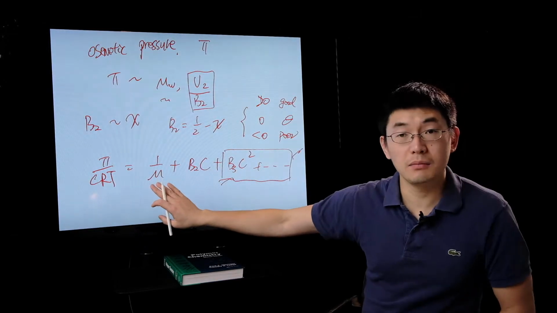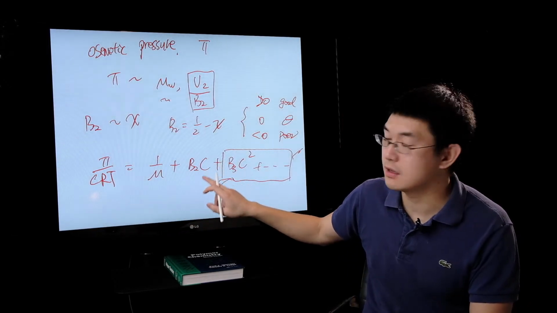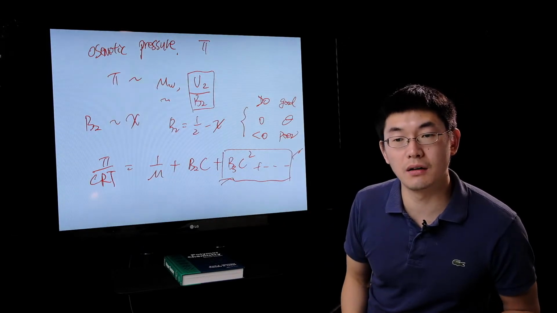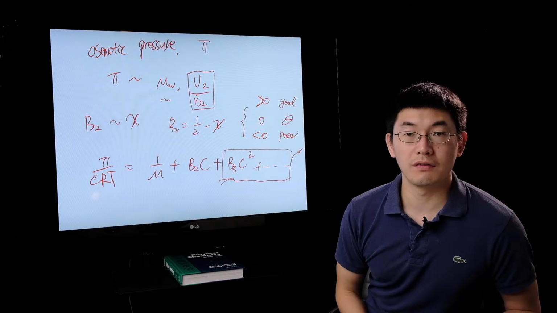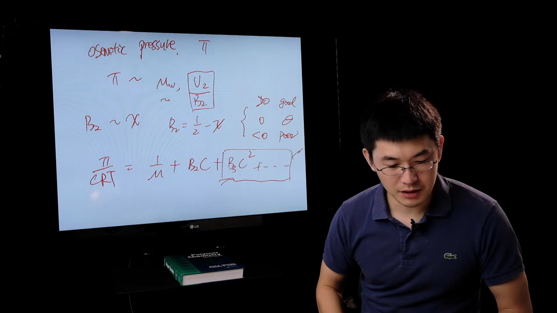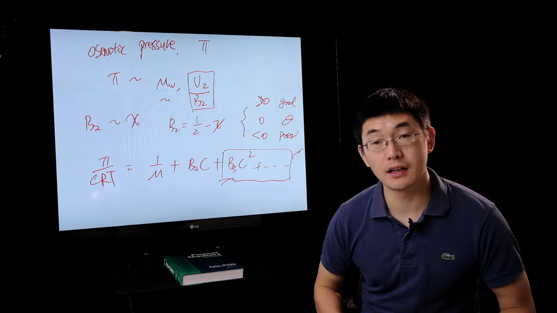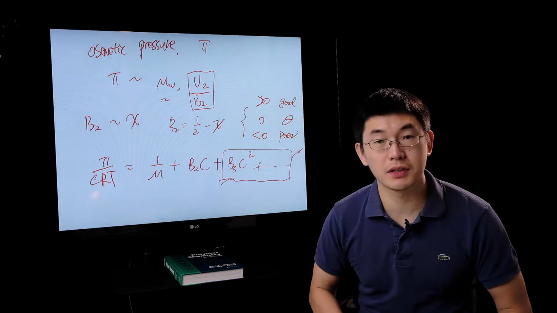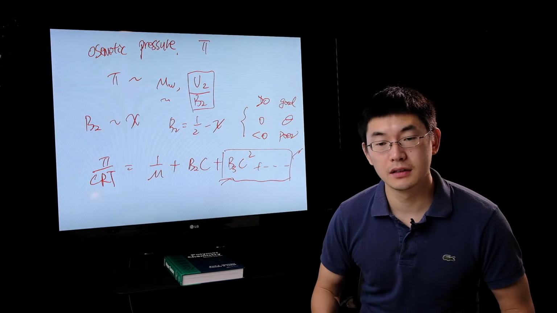We can get a linear plot for pi divided by cRT, and it should be proportional to c. The slope of the curve will be B2, and the intercept with the y-axis when concentration is 0 will be the inverse of the molecular weight. This is also used to understand the solvent quality, and there are a couple of homeworks we're going to discuss in the next lecture, this Thursday, okay?